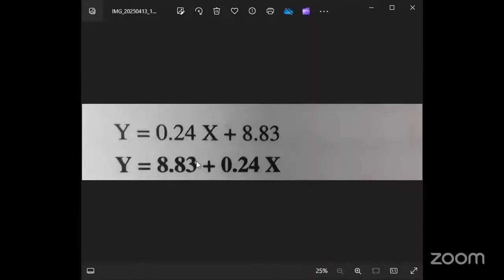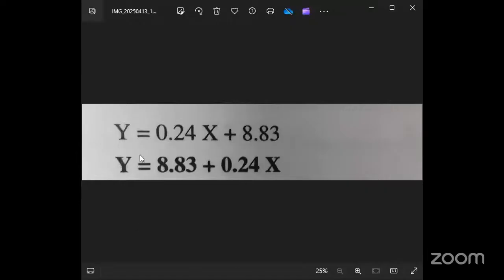I'll share, you'll understand. Like this, we need to put it in equation form.